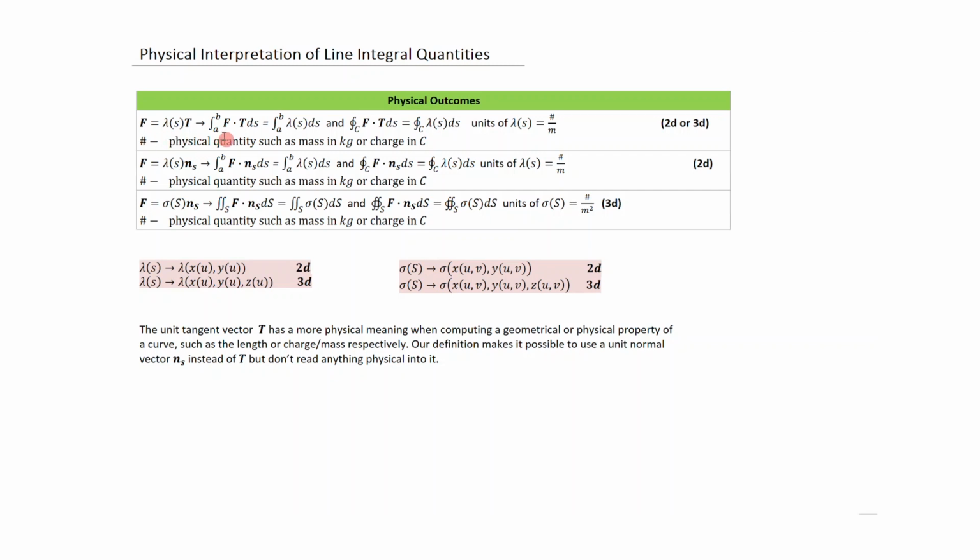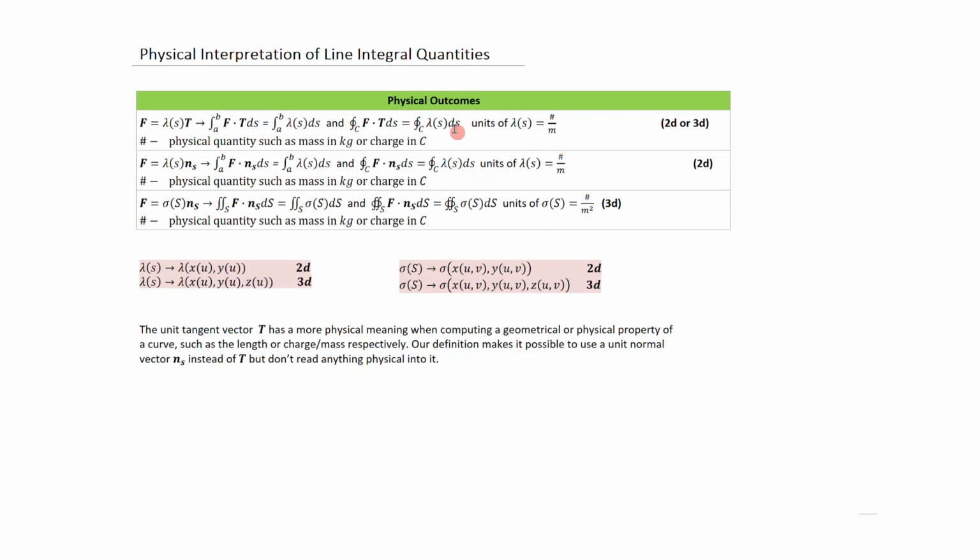So if we take this partial circulation integral and replace F by lambda s T, then the dot product between two unit tangent vectors that are parallel to each other will just give you 1, and so we're left with lambda s ds. If we're dealing with a closed contour, this being a circulation integral, then we end up with this expression, which would be around a closed contour.